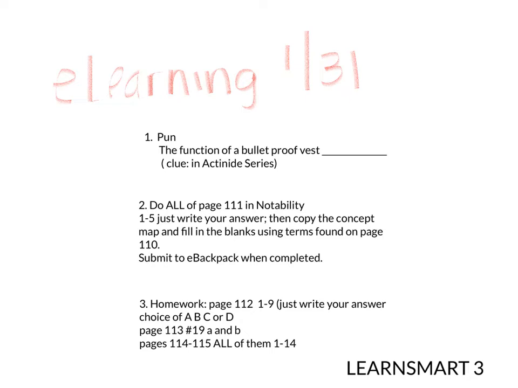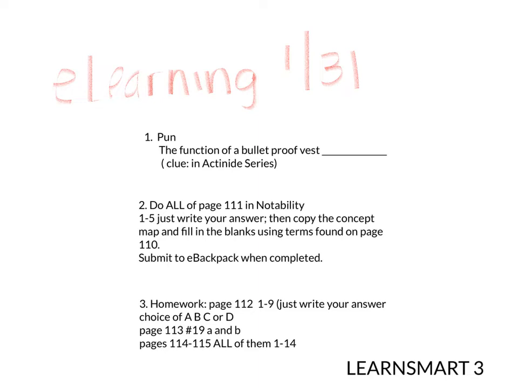All right, so today's e-learning, this is Thursday, January 31st. Start by doing your pun on your piece of paper. All right, so the function of a bulletproof vest. So what element might answer that? The purpose or the function of a bulletproof vest. Big clue is that it is in the actinide series.